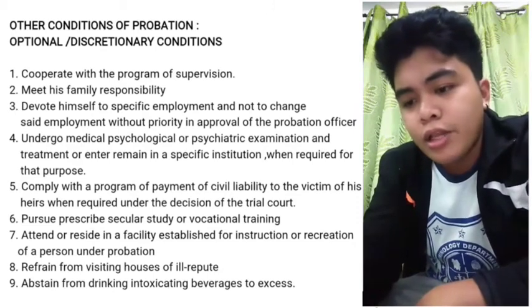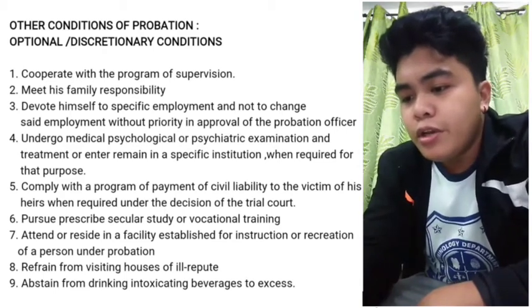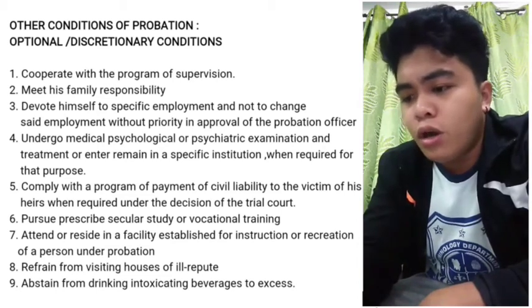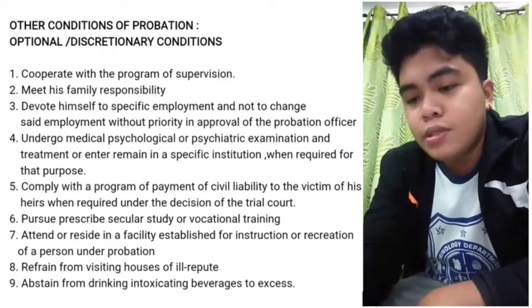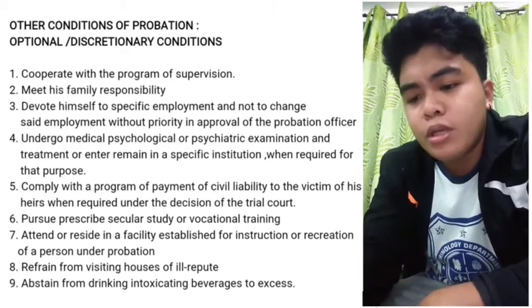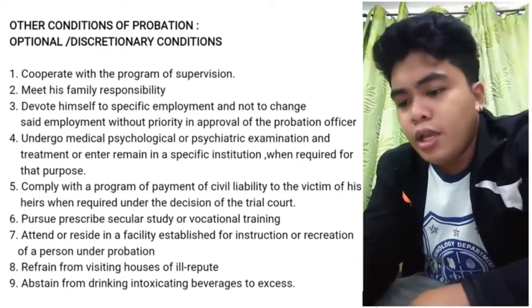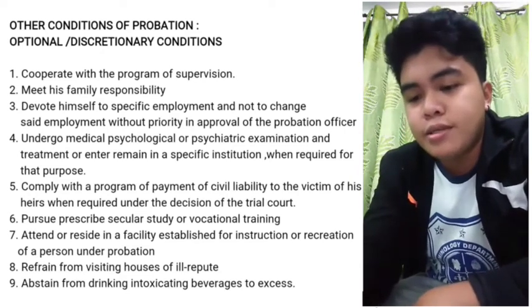Then, attend or reside in a facility established for instruction or recreation of persons under probation. Then refrain from visiting houses of ill repute. Then lastly, abstain from drinking intoxicating beverages to excess.